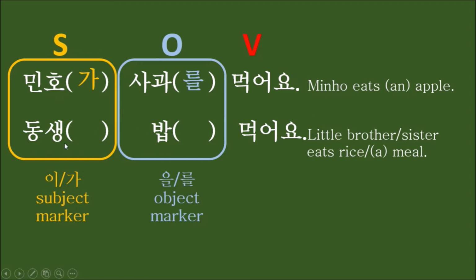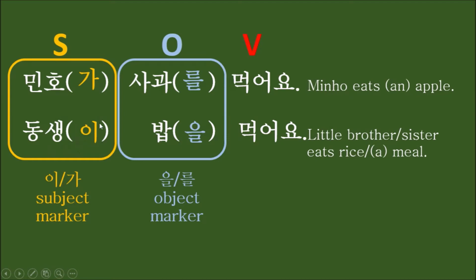For the next sentence, let's look. 동생이 밥을 먹어요. 동생이 밥을 먹어요. Now it becomes clear that little brother or little sister eats rice, and it's clear which one is the subject and which one is the object with the placement of the proper markers in the sentence.